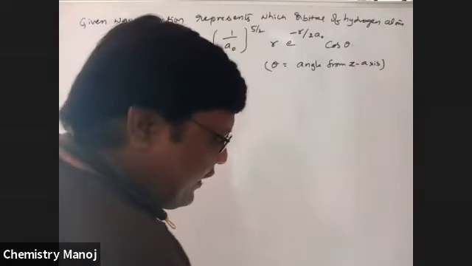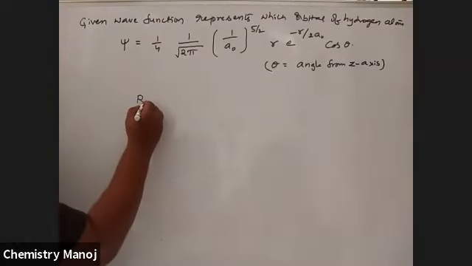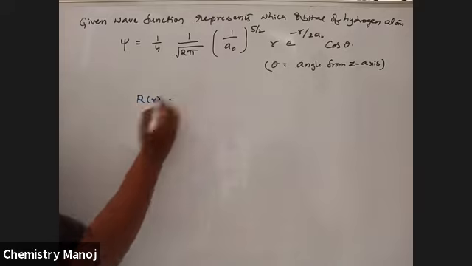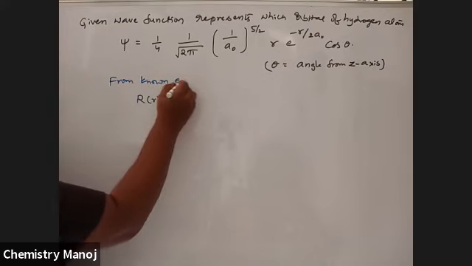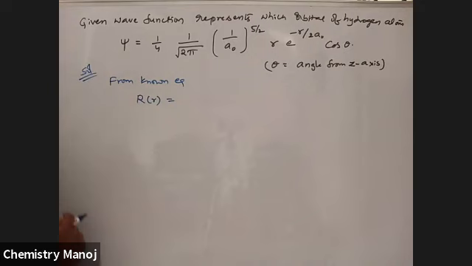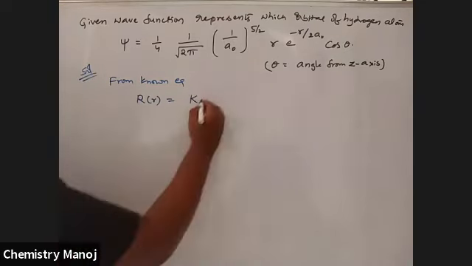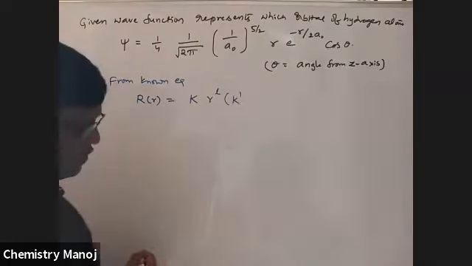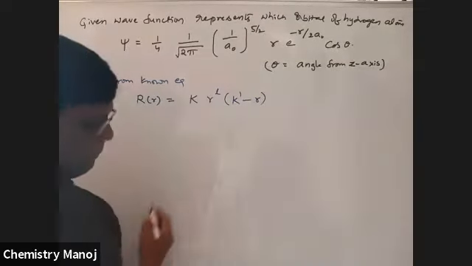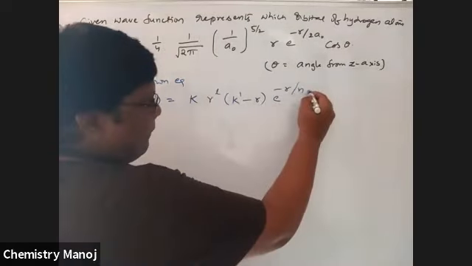So compare this equation with your known equation for radial probability, R(r) is equal to K into r power l into K dash minus r, e power minus r by n a naught.